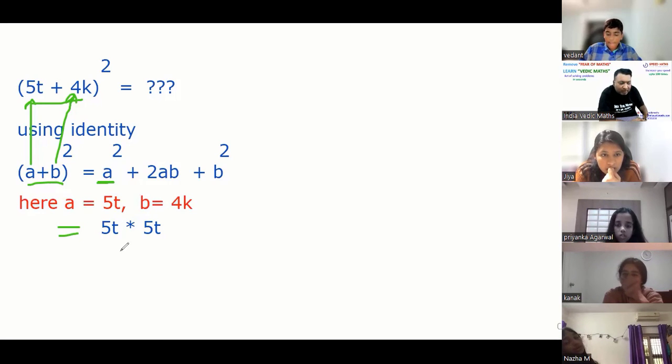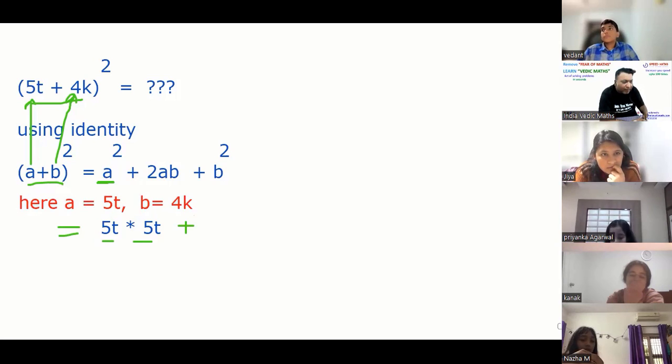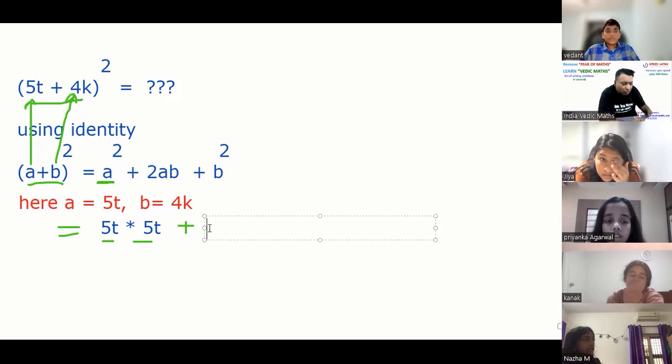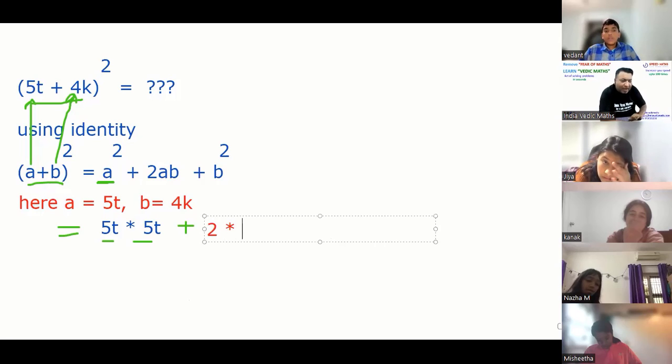A squared means A times A, right? Plus, what is next? 2ab, right? So we write 2 times, what is A? 5t.